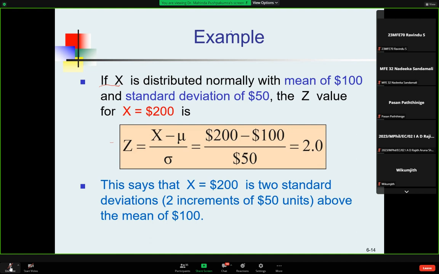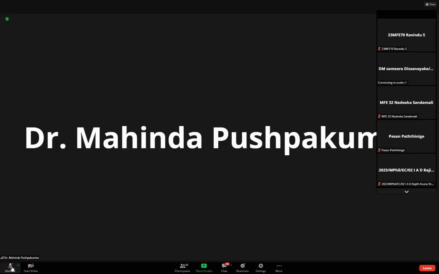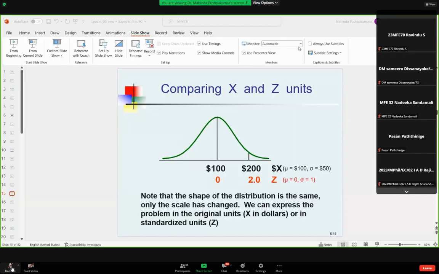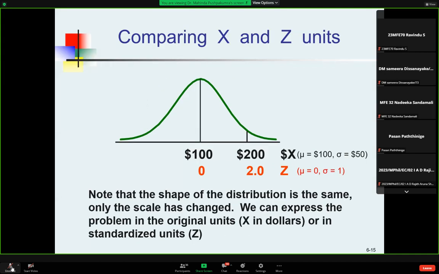You can't see it. Now can you see it? Yes, sir, now we can. Thank you. Then my drawing, can you see now? Yes, sir, we can see now.